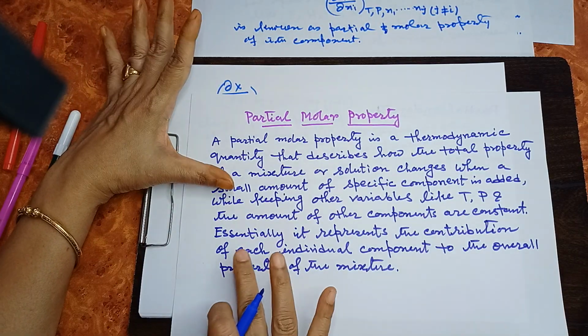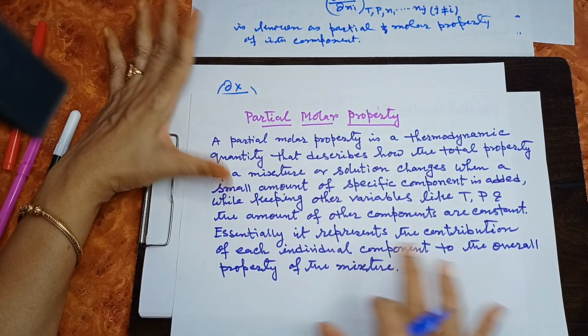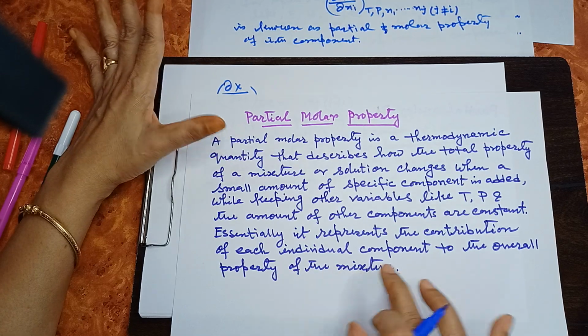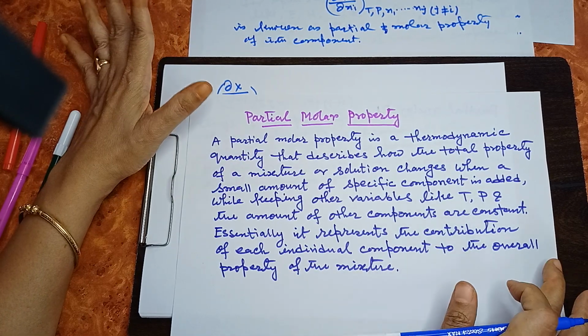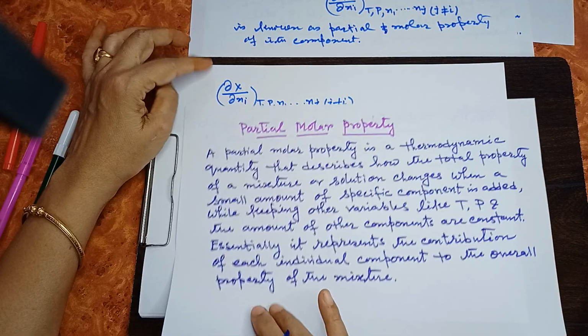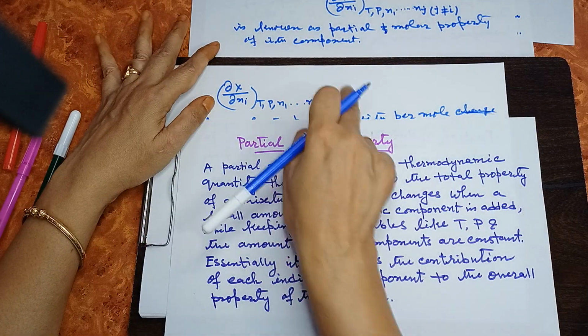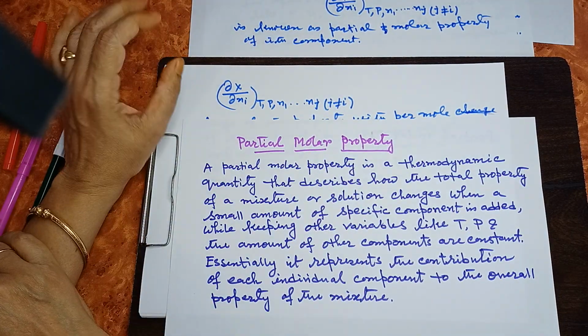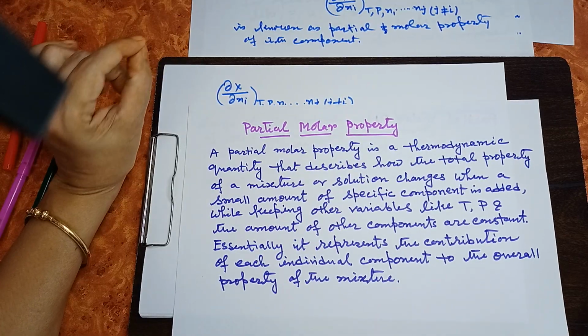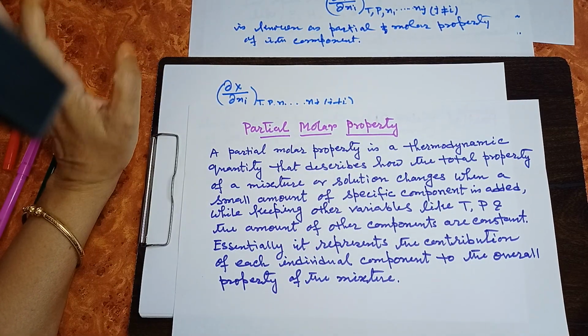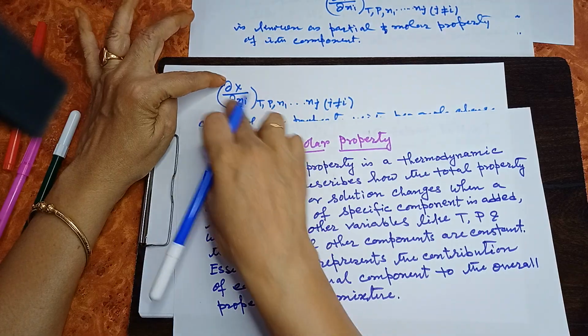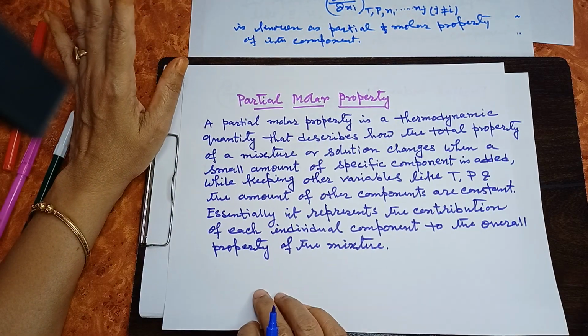Clear? Essentially, it represents the contribution of each individual component to the overall property of the mixture. So this partial molar property represents the contribution of each component to the overall property of the system.